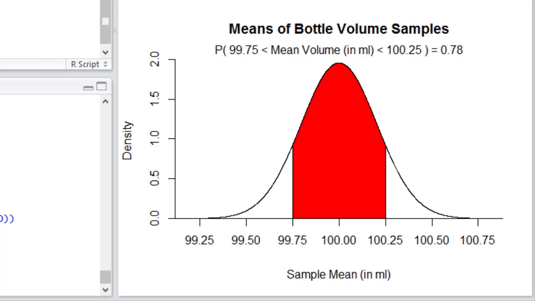That means we can always use the normal distribution in order to find a probability of where the mean might be, no matter what our original distribution looks like. That's the Central Limit Theorem, and that brings to a close this series of presentations. I hope you've learned much.